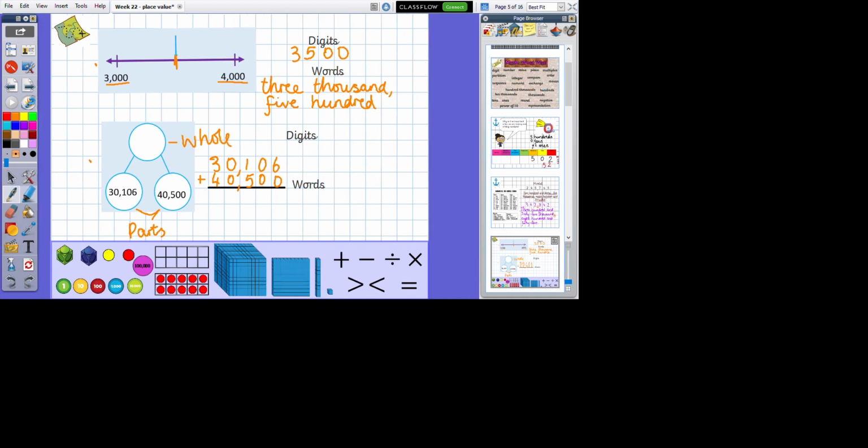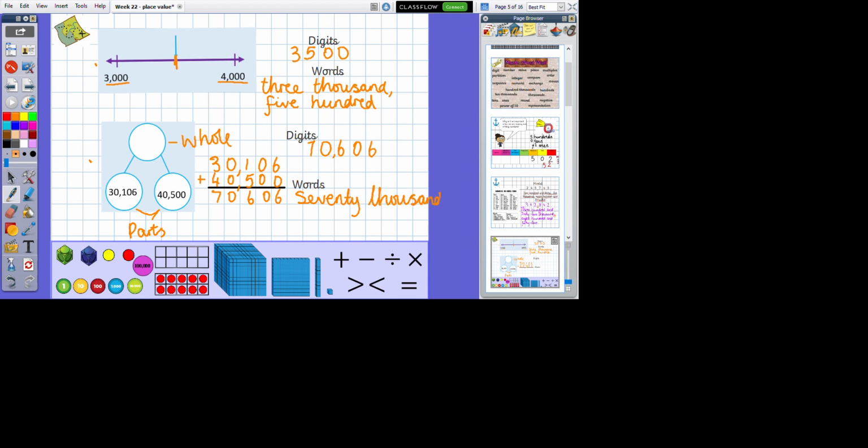So I've got 70,606. So my digits obviously are the answer to the column addition. So then I need to do my words. So I've got 70,000.